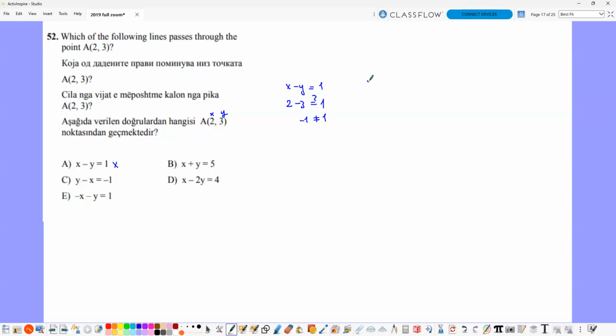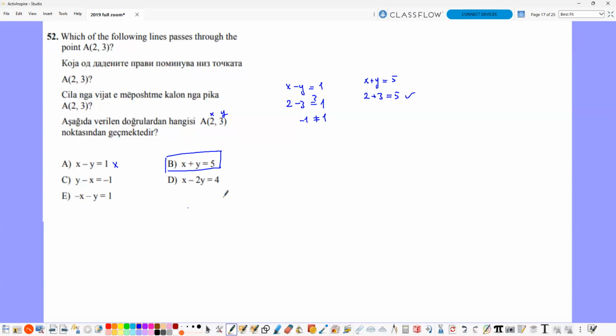And the second one, y minus x, actually I should solve the B one, x plus y, is it equal to 5 when x is equal to 2 and y is equal to 3? Yes. So this is the case. I'm not going to continue, but I'm going to tell this one.